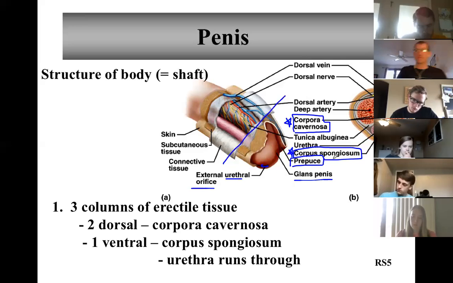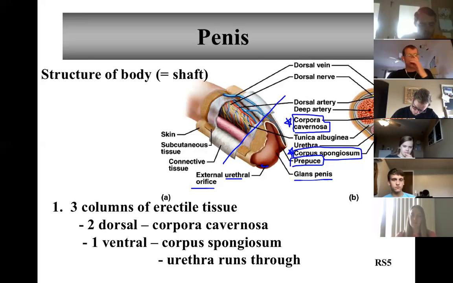We'll see. Okay. Pretty logical design here. Here's what you got with corpus cavernosa and corpus spongiosum. The names are pretty good. The cavernous body is the body with many big spaces, and then the spongy body, spongiosum, is the one that is spongy or collapsible. No duh.